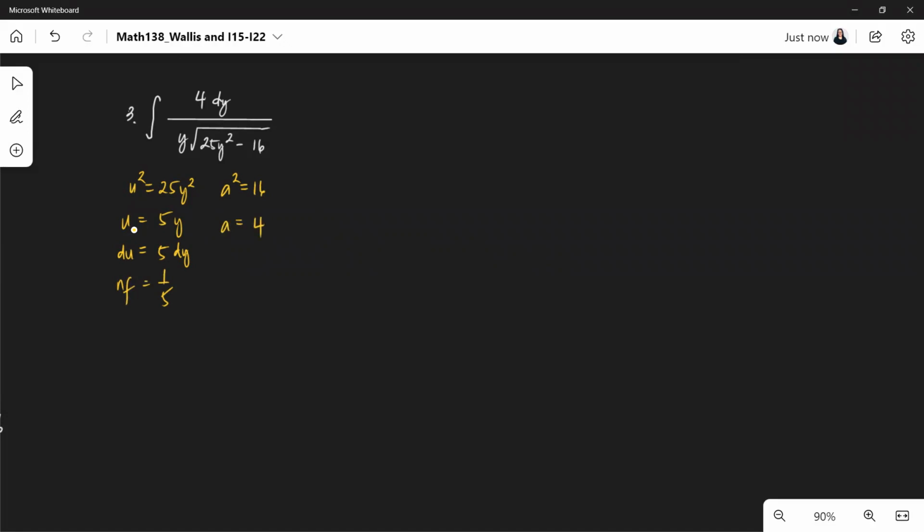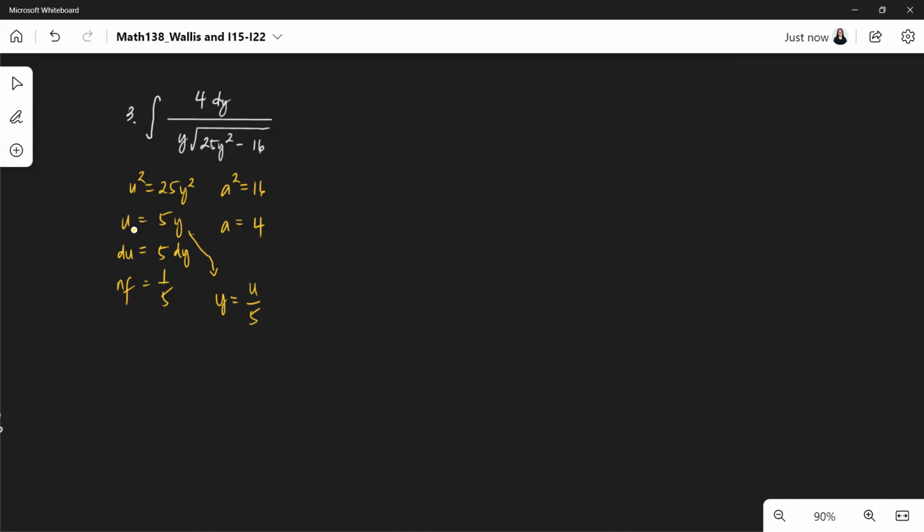And then for the y here, we can replace it by solving for y from this equation. So let me put it here below. So y is u over 5, or 1/5 u rather.